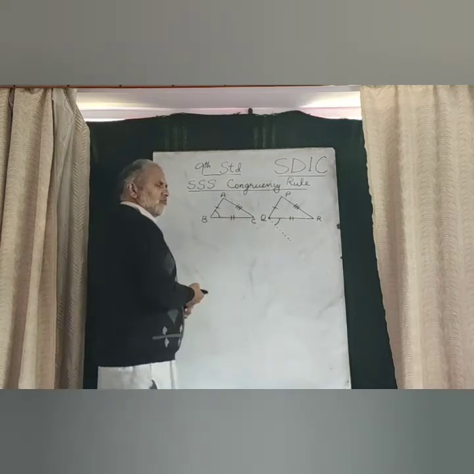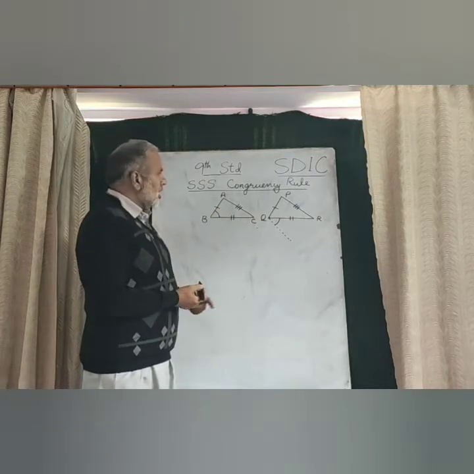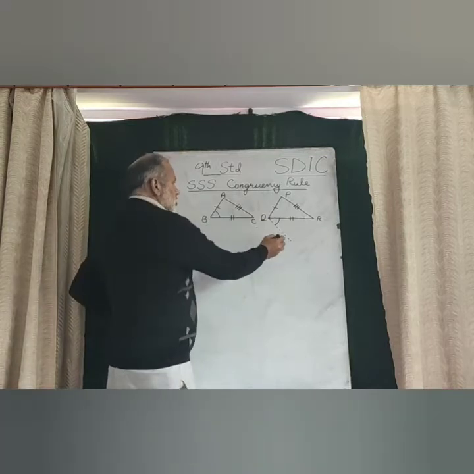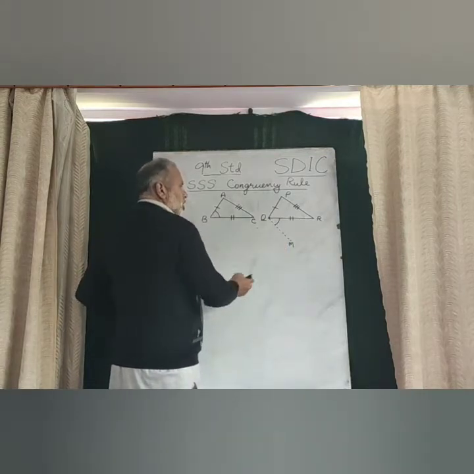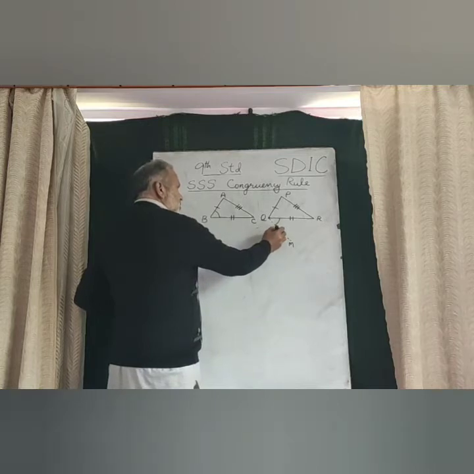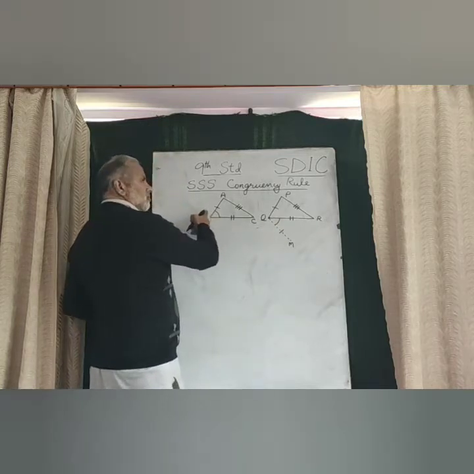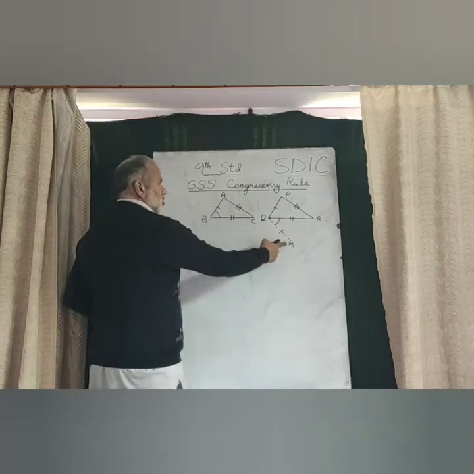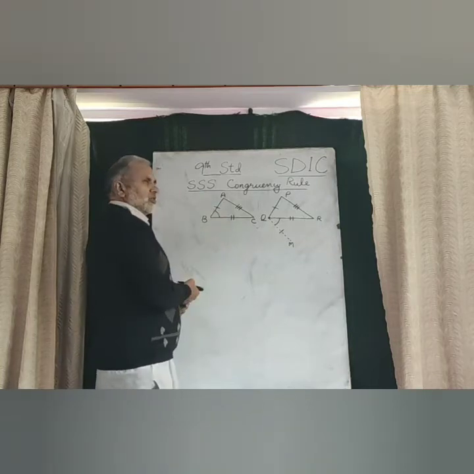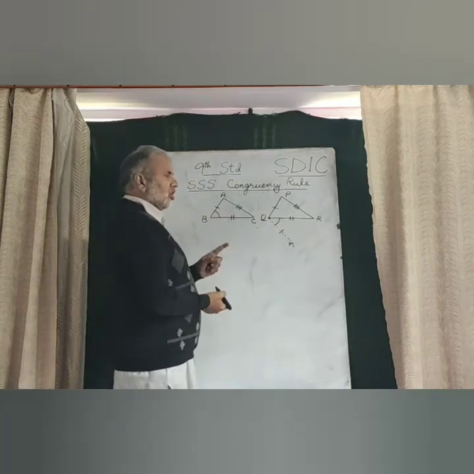This is the construction. Moreover, we will make this QM, let us name this point M. The length of QM we will make equal to AB. I have already put one short line, here also one short line. Length of QM equal to the length of AB. This is the construction. What did we do?